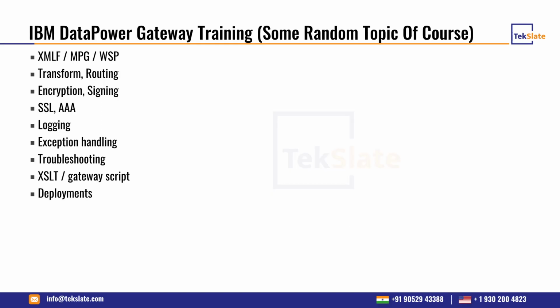So these are some random topics which I want to pick from Datapower development. For any development activities, 90% of the scenarios we cover go with an XML firewall, a multi-protocol gateway, or a web service proxy. All these things include transformation of your messages and routing your data from component to component and from the backend system to different downstream applications.